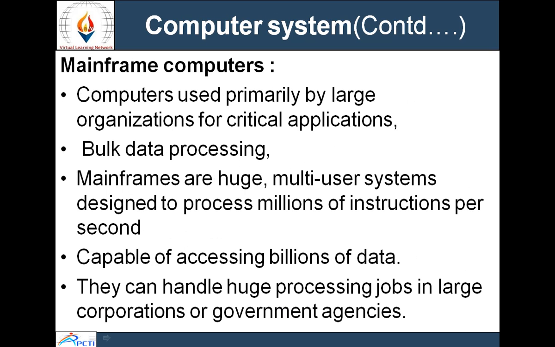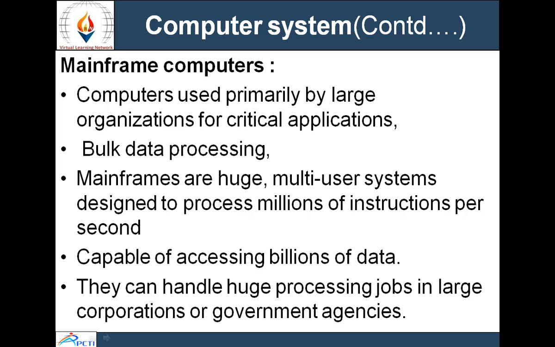Next one is mainframe computers. Computers used primarily by large organizations for critical applications and bulk data processing. Mainframes are huge multi-user systems designed to process millions of instructions per second, capable of accessing billions of data.